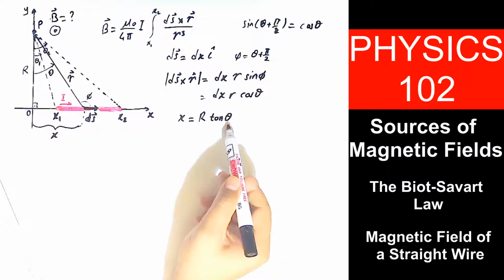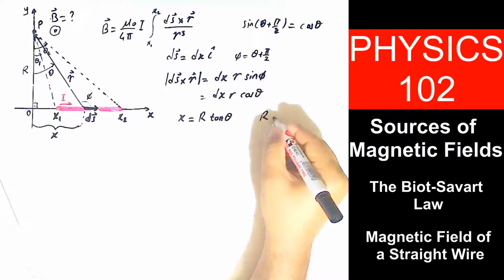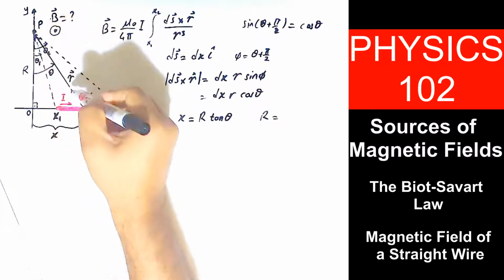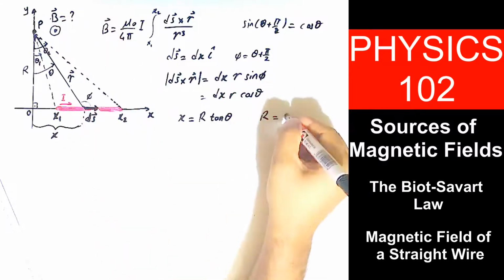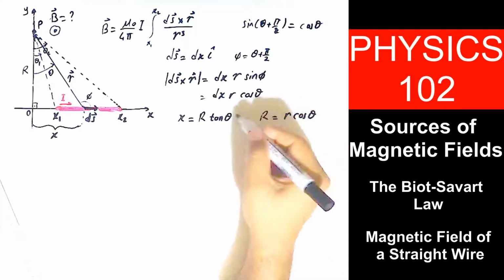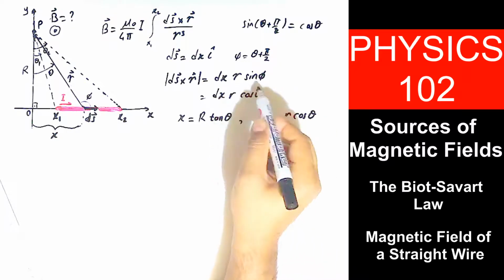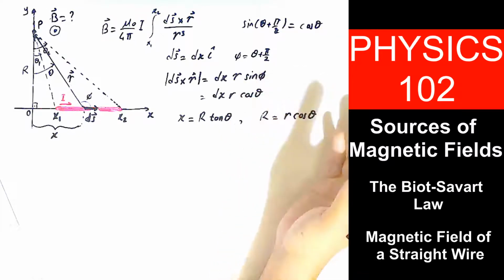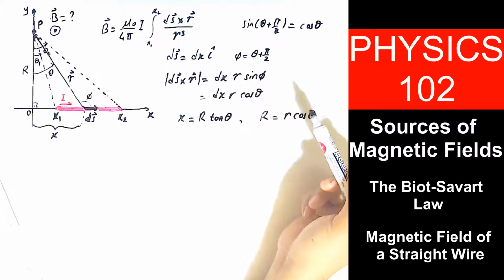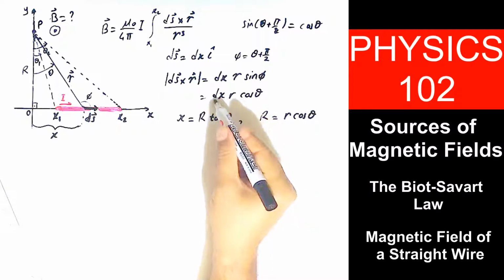And on the other hand, r, the small r, which is the magnitude of the hypotenuse, can also be expressed as capital R divided by cosine theta. We'll use these identities in order to convert all these expressions into one simple expression, so that inside the integral we only have the variable theta. So if x is r times tangent theta, then what is dx?